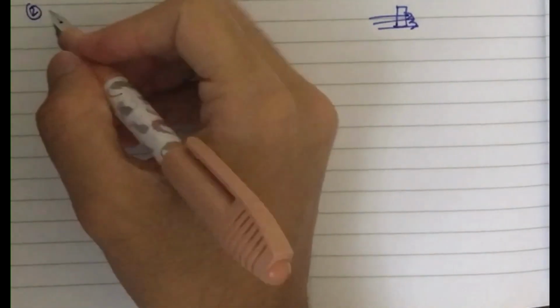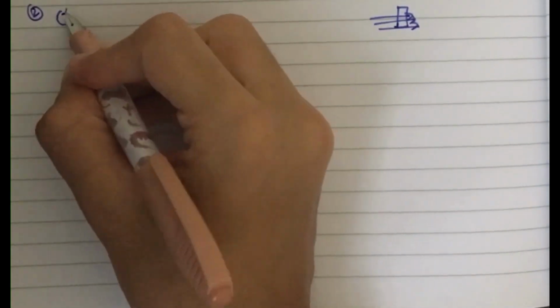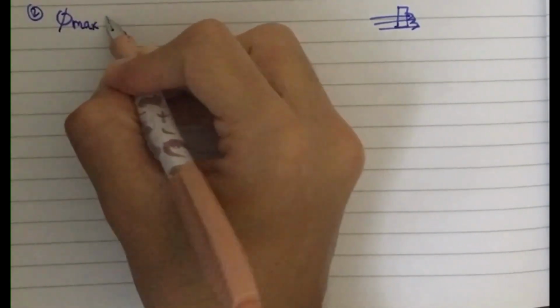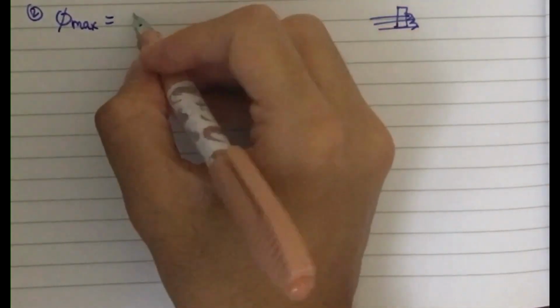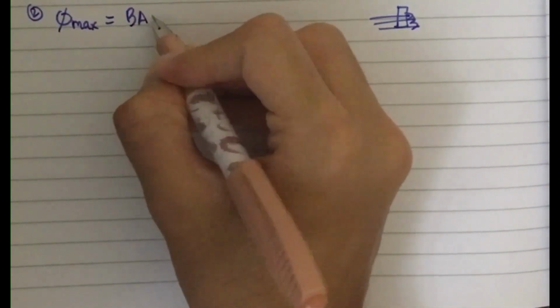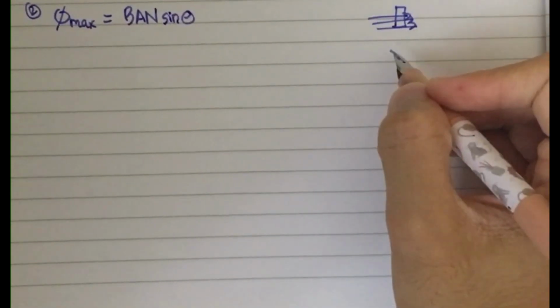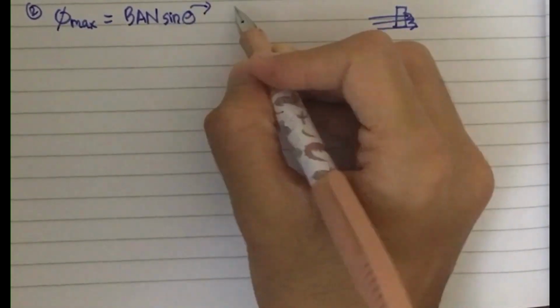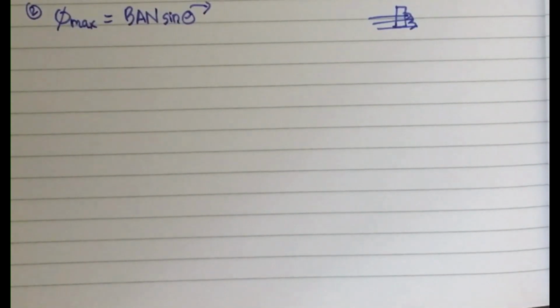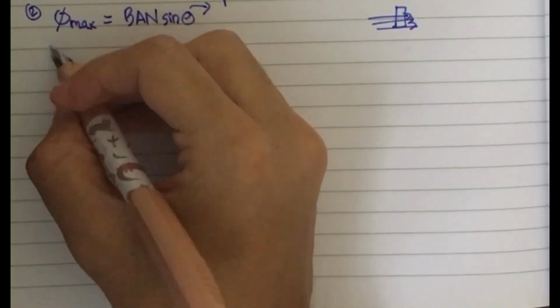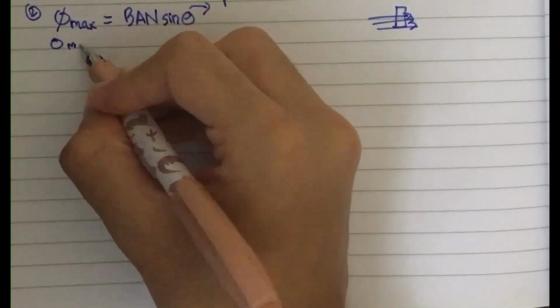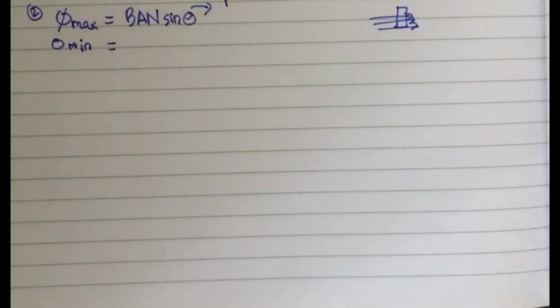So I know that my max can come from B A N sine theta, the angle that I'm choosing. My sine theta becomes 1, because it's perpendicular to it, right? It gets minimum when it gets parallel.